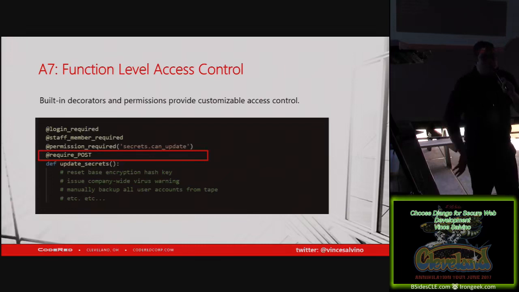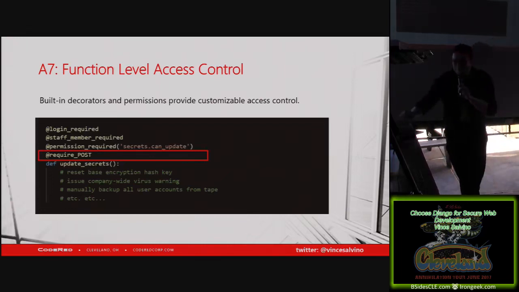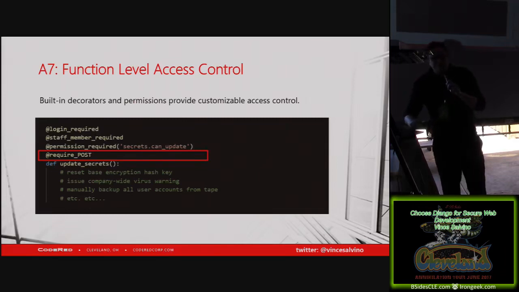And this last one here is called require post. That's just an HTTP method. If you get that URL, meaning you just go to it in your browser, it just won't work. You have to post to it. So if you have a form or something like that. And if the user fulfills all of those requirements, then they will be able to hit that function.